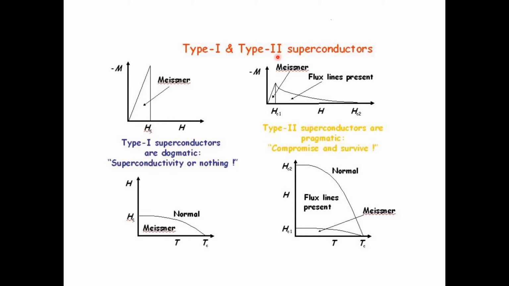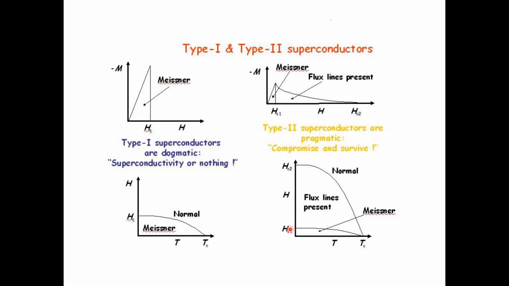And here for type 2, you have separations. You have HC1 and HC2. When H is more than HC1 but less than HC2, there's going to be something that still goes through the material. So there are flux lines present in the material, so still some flux.